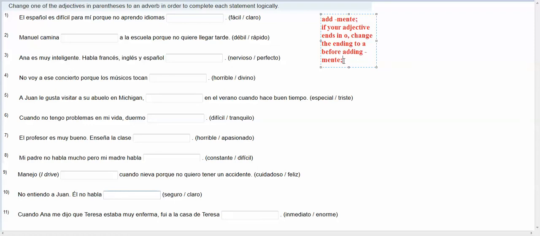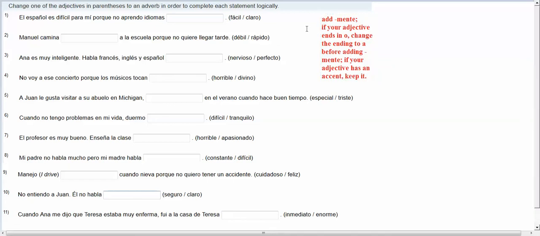Okay, and if your adjective has an accent, keep it. Okay, so that's pretty much all we've got to remember. Let's just kind of circle that. Add mente. Okay, so that's the main thing. Add mente.